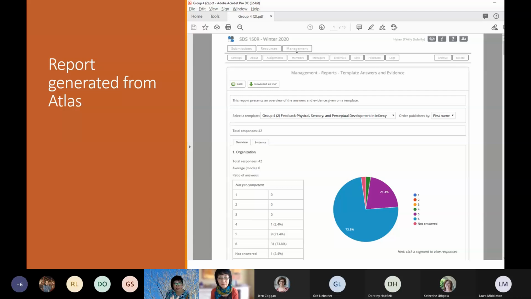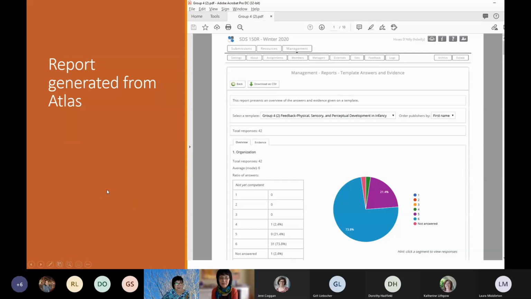And to give each group feedback, I generated a report like this, from Alice as well. You can get a summative result for each question with a frequency table, and students can see how many peers gave them 4 or 5 or 6.